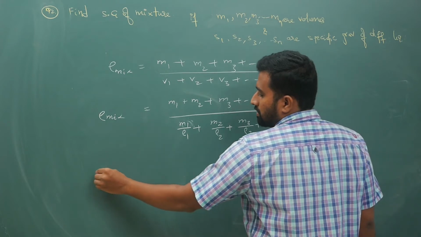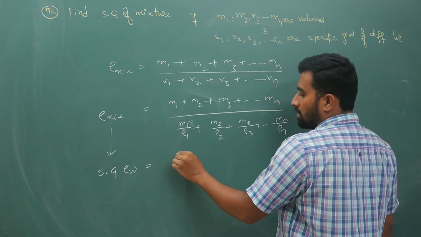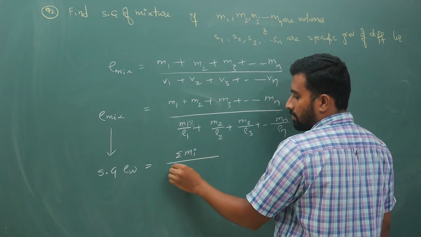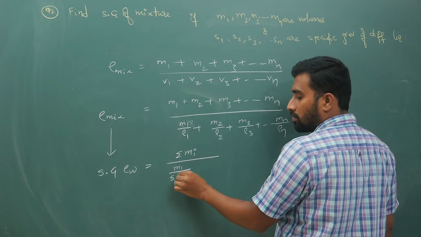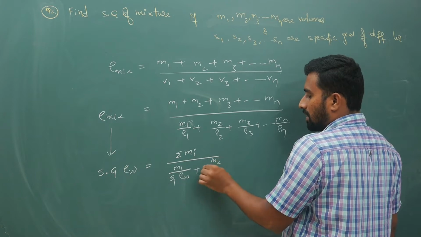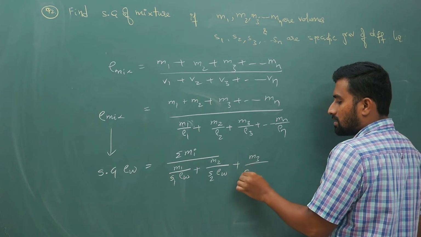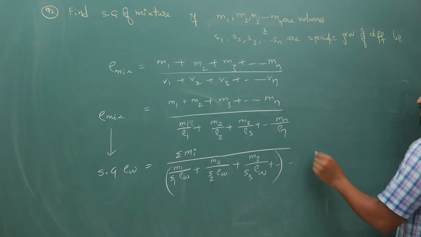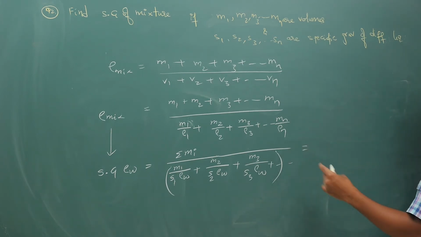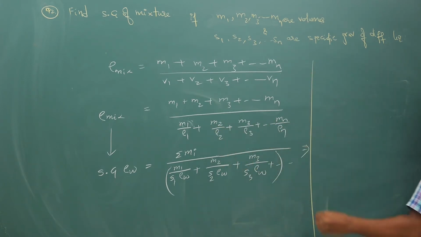Now this can be written as specific gravity times rho of water, equal to sigma of mi by, rho 1 can be written as S1 into rho of water, so m1 by S1 rho of water, plus m2 by S2 rho of water, plus m3 by S3 rho of water, like this and so on. Finally, the rho of water goes to the numerator, so this rho of water and that rho of water will cancel off.